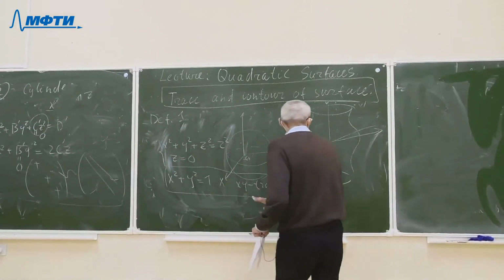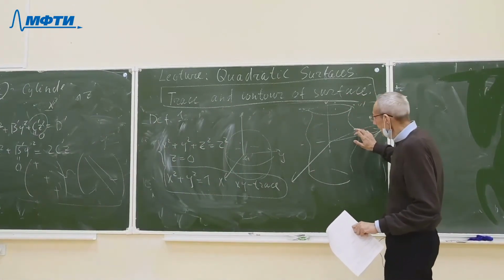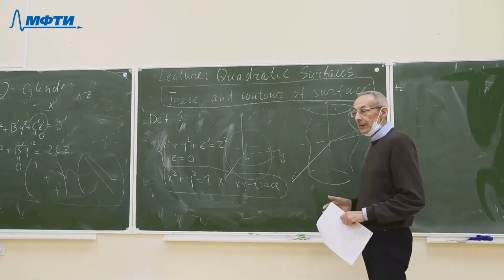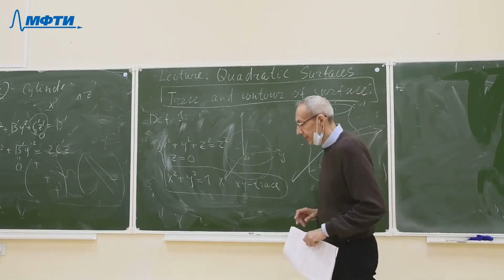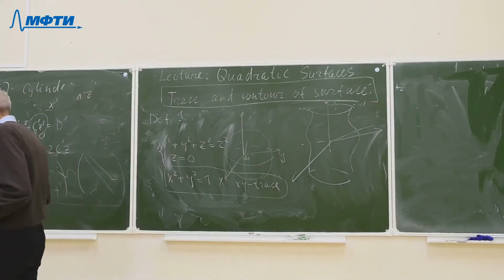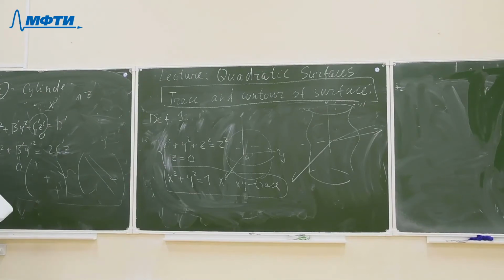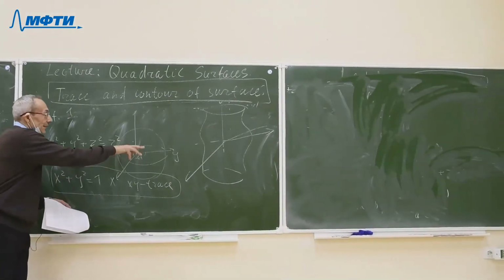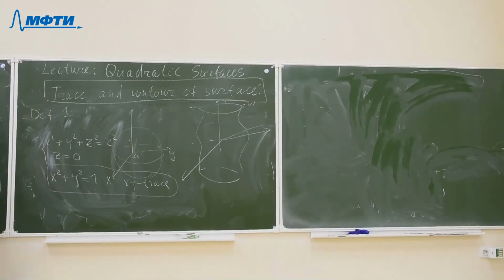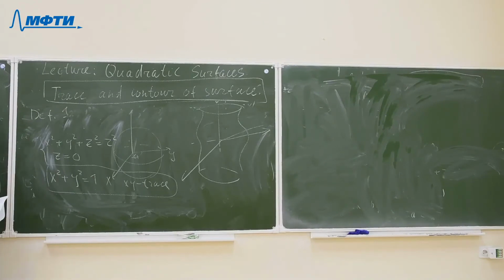We cut our surface, and the intersection of our two surfaces is the trace. The plane cuts our surface, and the edge of the cutting is a trace.